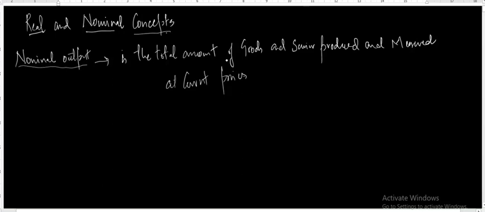So what if we measure this output simply by price times the quantity produced? We are measuring it at the current market price, so we are measuring the nominal GDP, where we take the current price into consideration. However, there is another concept known as real output.